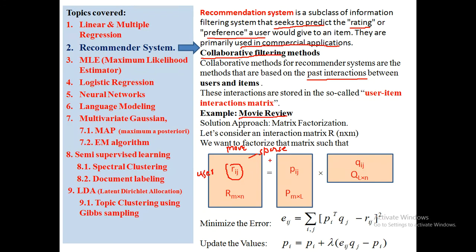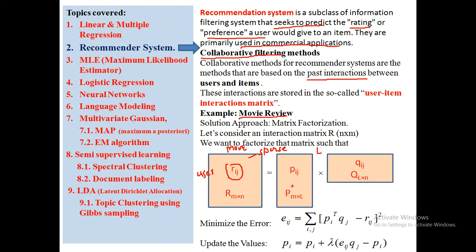So it is better to decompose this sparse matrix into latent feature matrices, that is P and Q. The P matrix characterizes the user's characteristics, and the Q matrix characterizes the features of the movie, having L number of latent features.